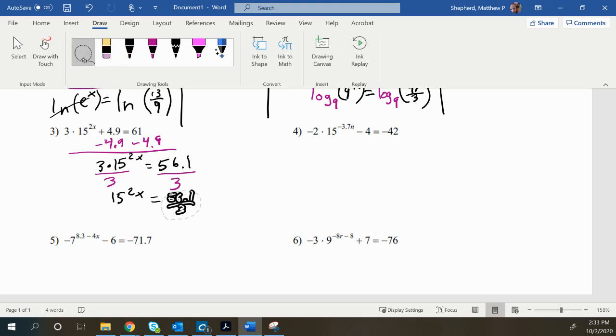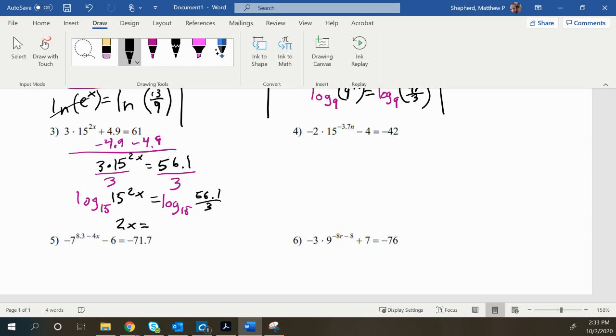And now, once again, we are going to do a log of both sides. I'm going to make my base of my log match the base of that exponent. So log base 15 of both sides. Now the left-hand side is asking the question, 15 to the power of what is 15 to the power of 2x? Well, 2x.